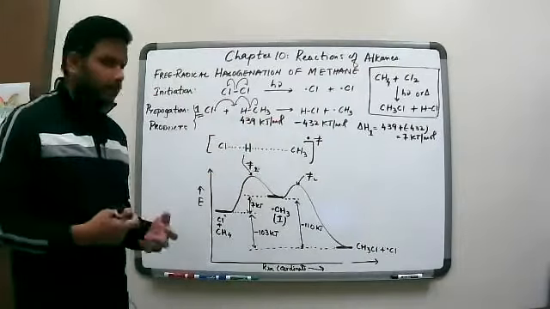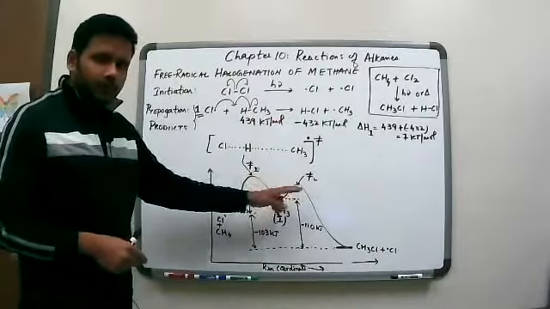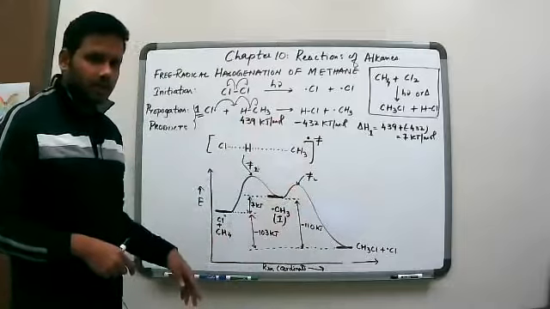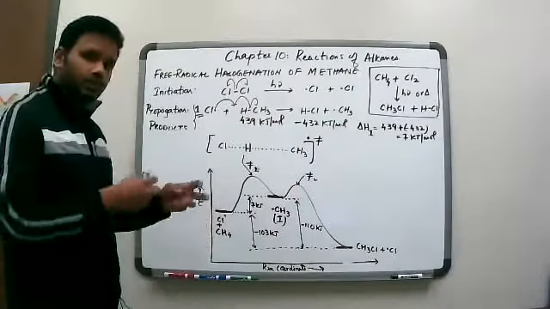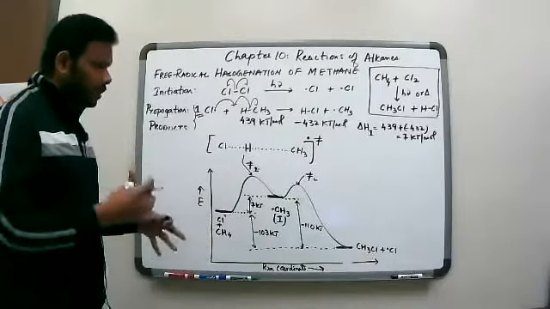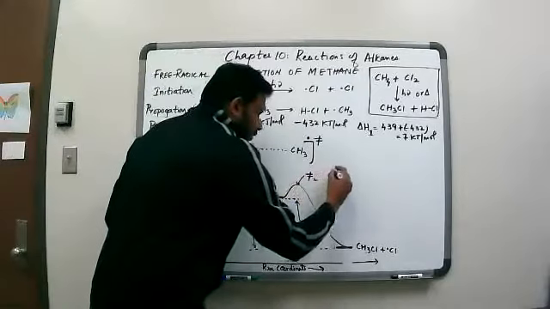What I would encourage you to do is actually try drawing a transition state for the second propagation step. And I'm going to put it here, but I will not discuss it. I want you to think about it a little bit and rationalize if the transition state that I've drawn makes sense.